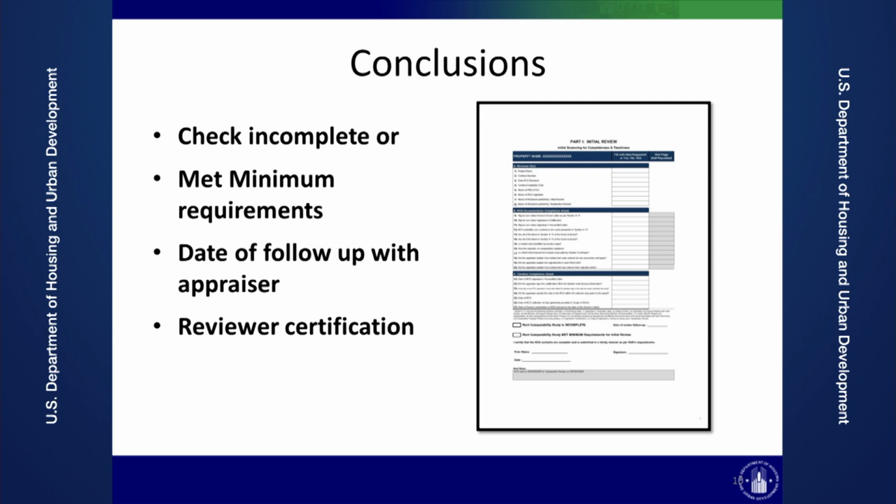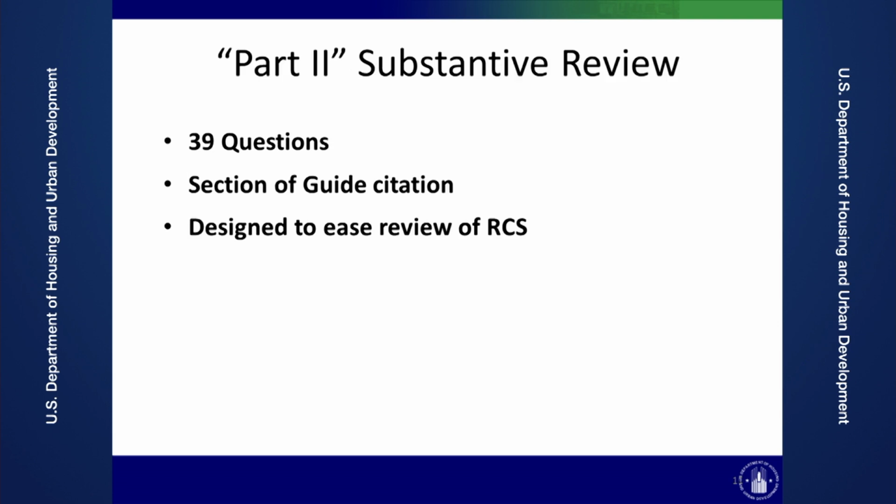Now we switch from the form and from the discussion of the initial review to the part of the review where we get into the meat of the matter, the substantive review. The substantive review has 39 questions.